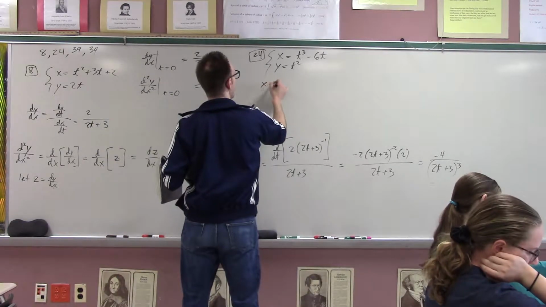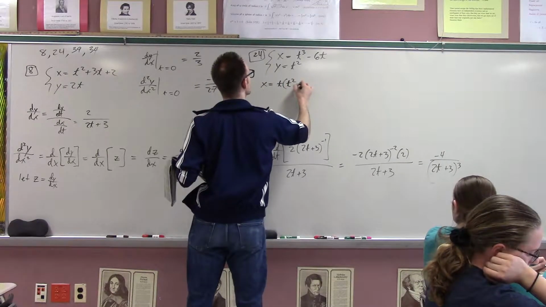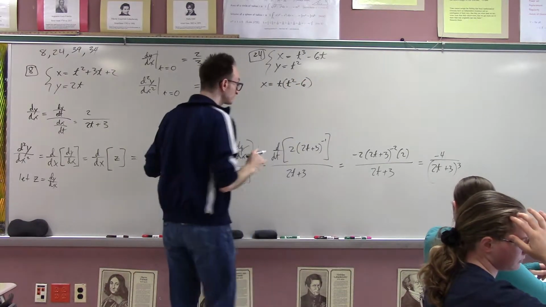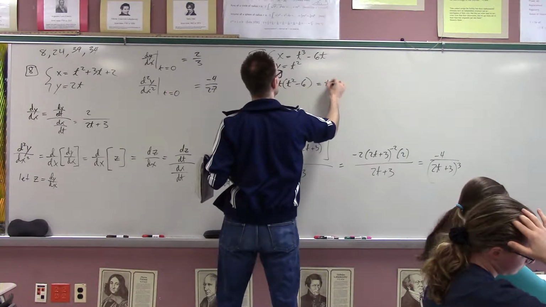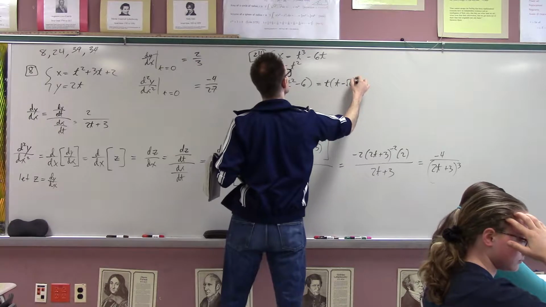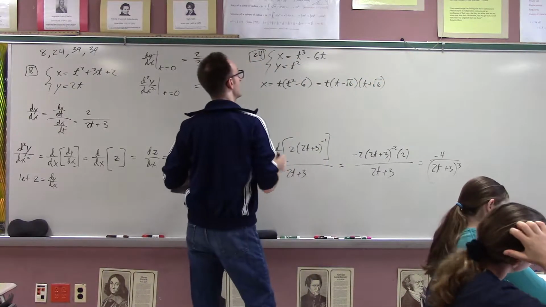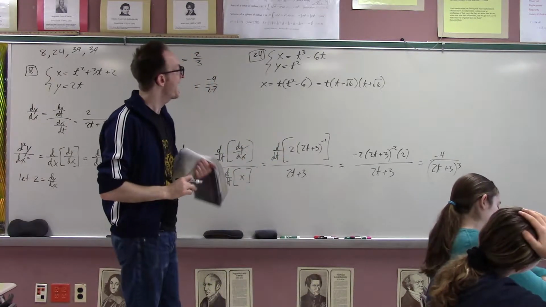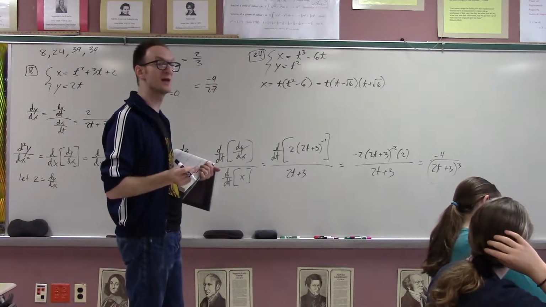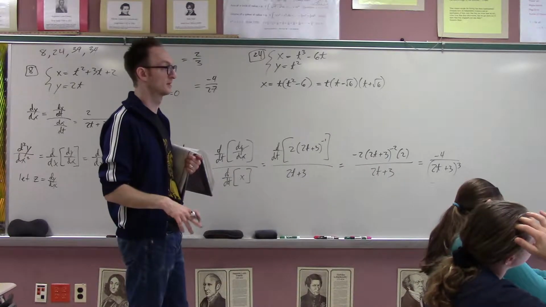If you look at x and think of it as t times (t squared minus 6), or perhaps even better, as t times (t minus root 6)(t plus root 6), then we see that x is going to have the same value at t equals root 6 and t equals negative root 6.